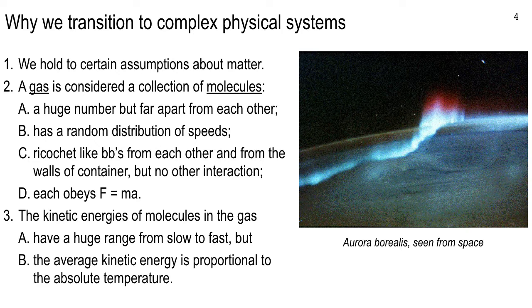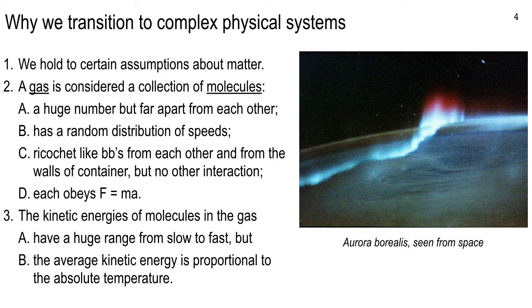The way that we model a gas, and it seems to be righteous, is that they have a random distribution of speeds. It's not totally random, we found, but there's a lot of randomness to it, and they ricochet like BBs off of each other.